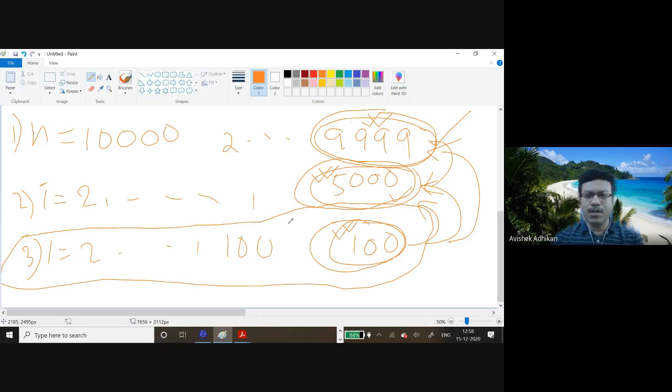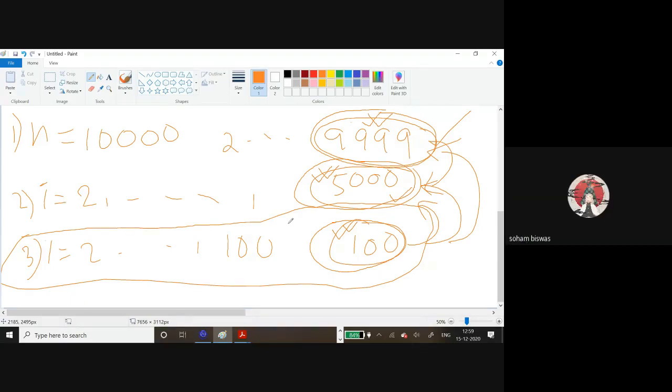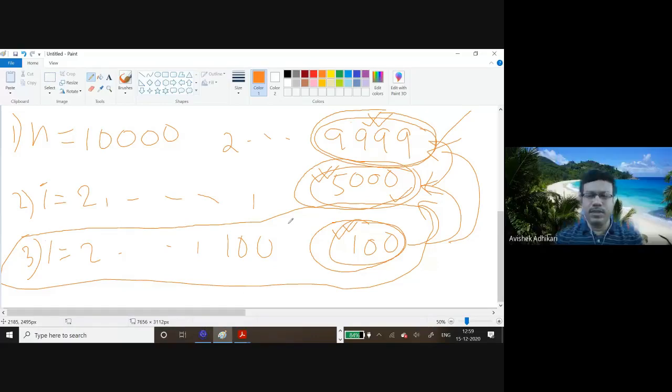So one specific property of the algorithm actually remains unchanged even if you change the machine. Anybody can tell me what property? Sir, number of steps. Yes.